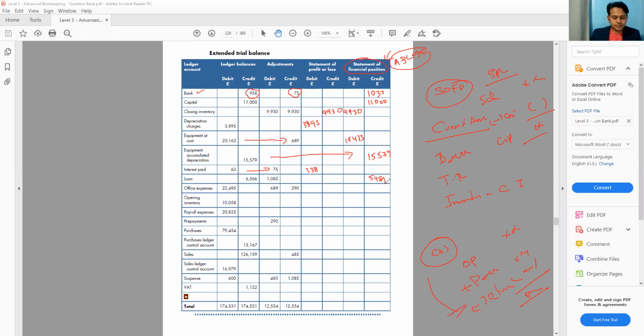5481. Very good. Then we have office expenses. For office expenses, we can see the opening balance is a debit, then we have a debit, then we have a credit. So we're going to do opening plus 689 minus 290, isn't it? That will give us 22,894. That will be the debit for SPL.